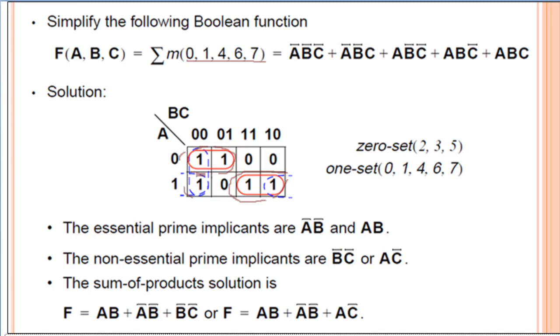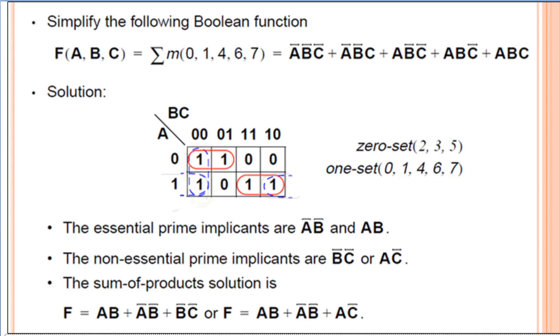But in that particular example we have some non-essential or dummy groups. If you take this group, clear, this will become your dummy group. Or if you take this group, this group becomes your dummy group.